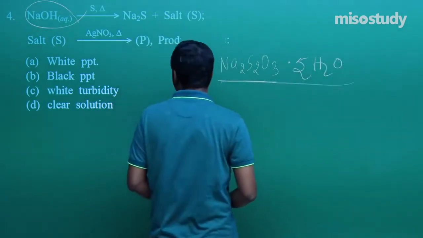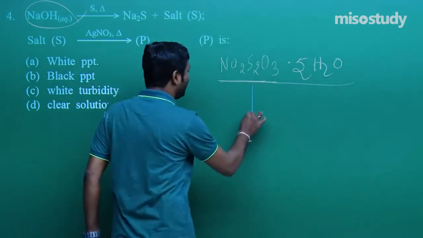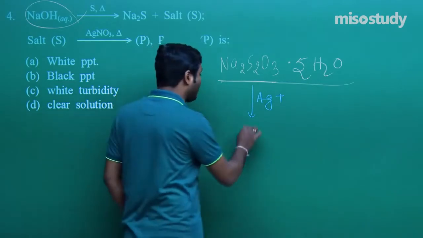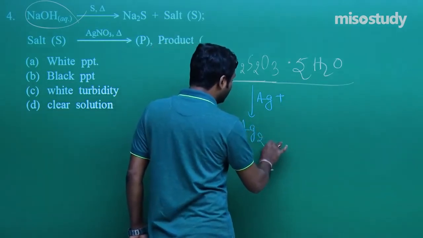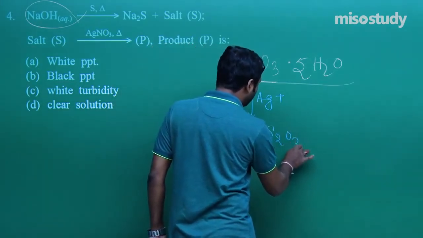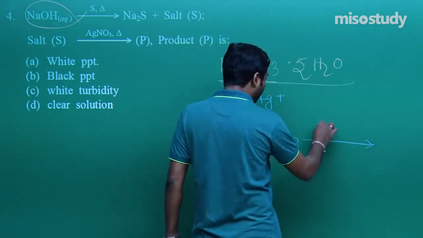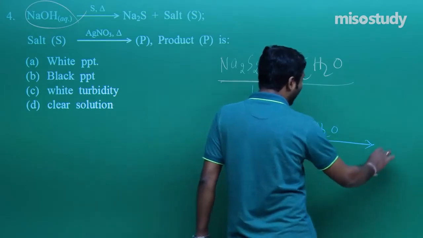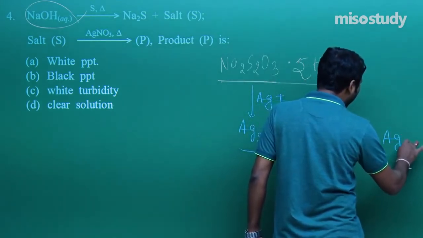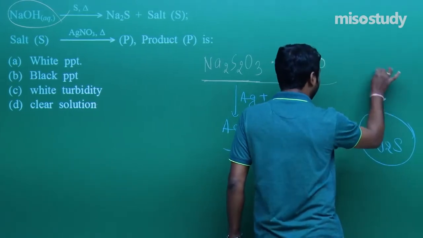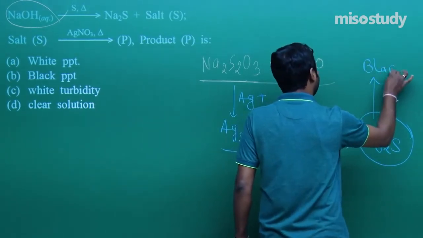This one is hypo. And when hypo is treated with AgNO3, Ag+ ion, then what will happen? Sir, it forms Ag2S2O3, white. Then on further treatment, that is hydrolysis, finally it gives you a black precipitate due to the formation of Ag2S.